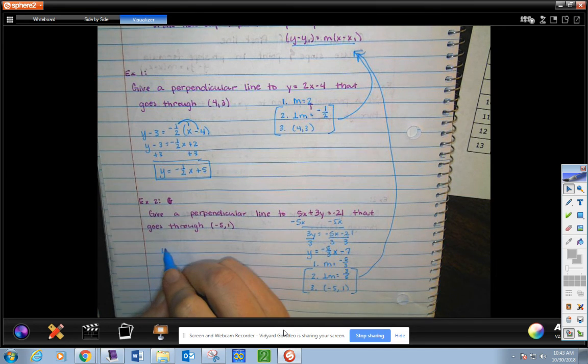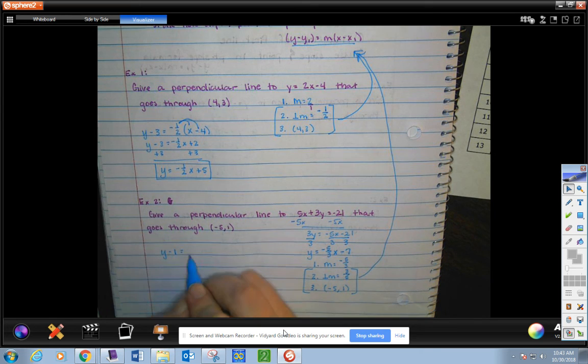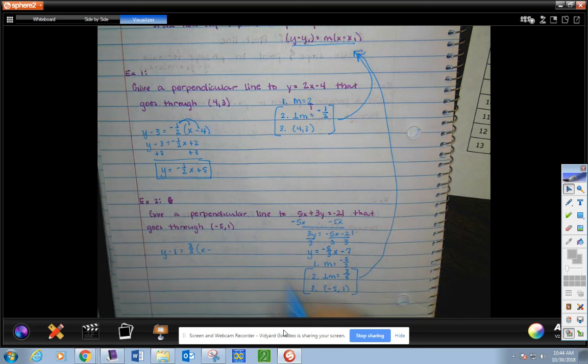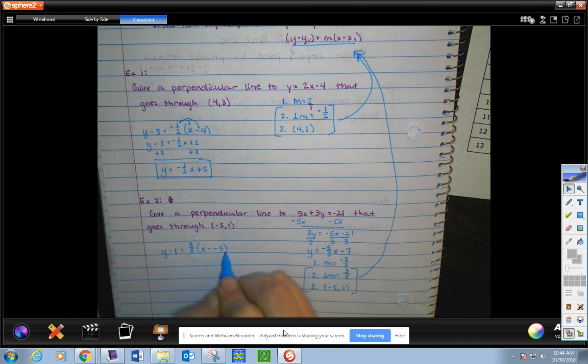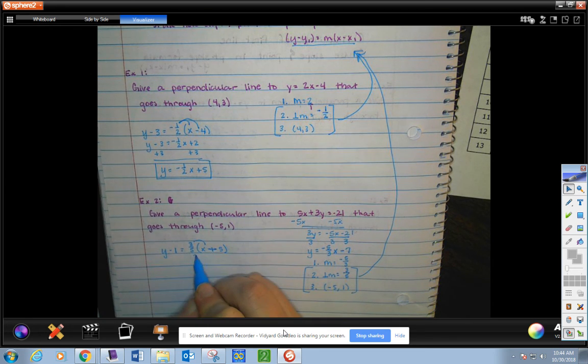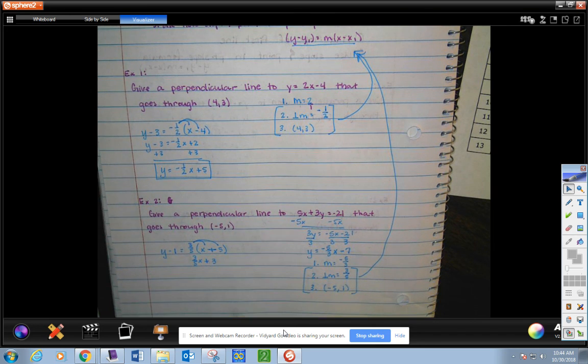And we're going to do y minus, the y in the point is 1, equals the m I'm going to use is 3/5 times x minus, and the x in the point is negative 5. I'm going to fix my double negative and distribute. 3/5 times x is 3/5 x, and 3/5 times 5 is 3.